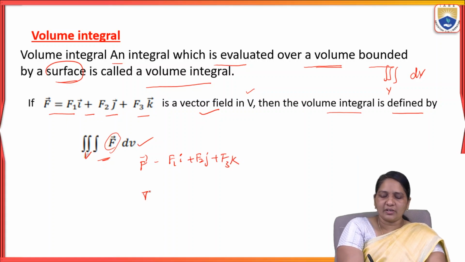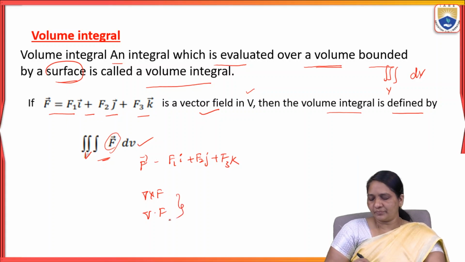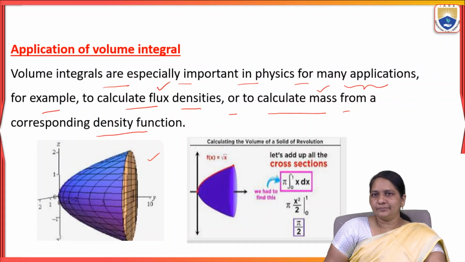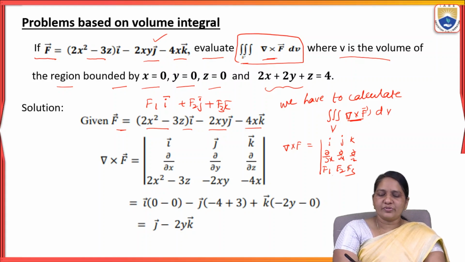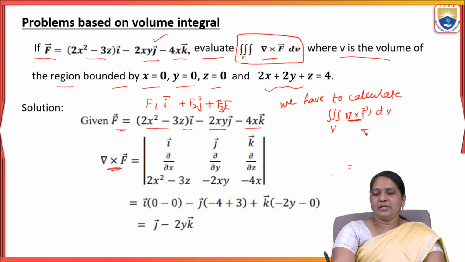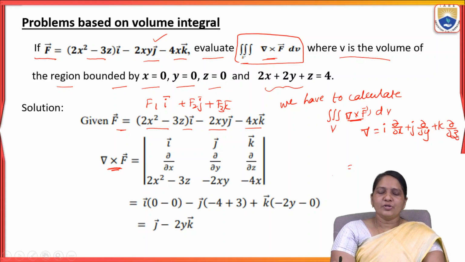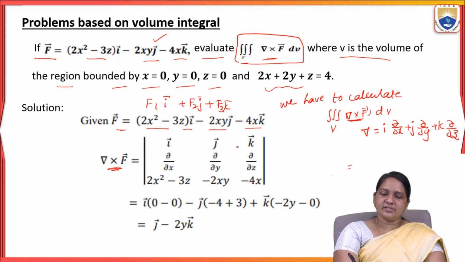According to that, we can calculate del cross f, and also del dot f. Del is nothing but i dou by dou x plus j dou by dou y plus k dou by dou z. This is the del operator. So del cross f we write here as the determinant of i, j, k.